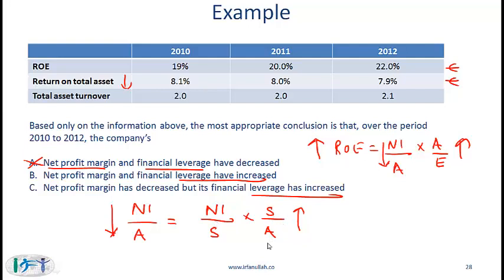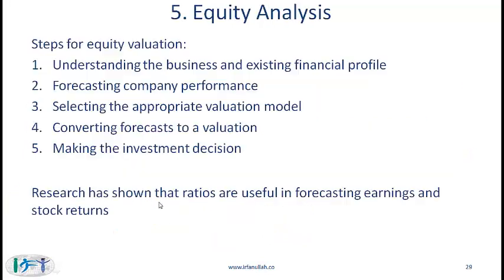Sales over assets, or asset turnover, this has been going up a little. The only explanation now is that net income over sales, or profit margins, must be going down. So the correct answer is C. Net profit margin has decreased, but financial leverage has increased.